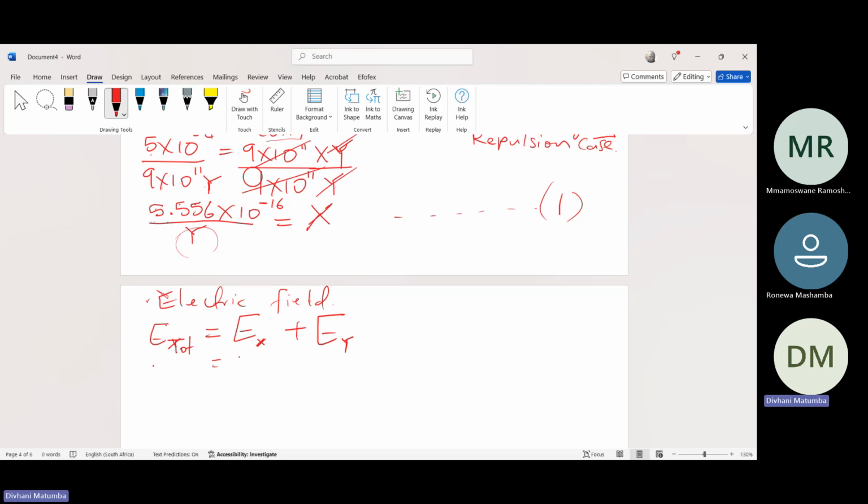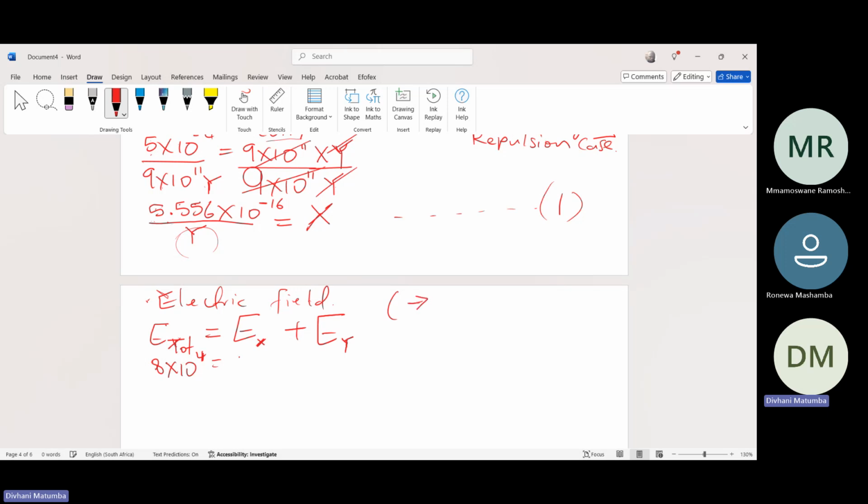So the total electric field was 8 times 10 to the power of 4, which was going to the right or in the direction of y.